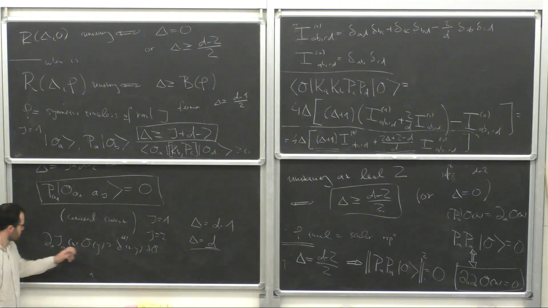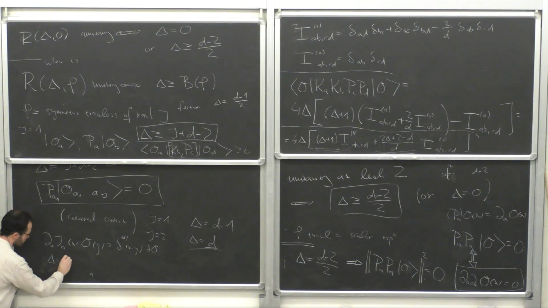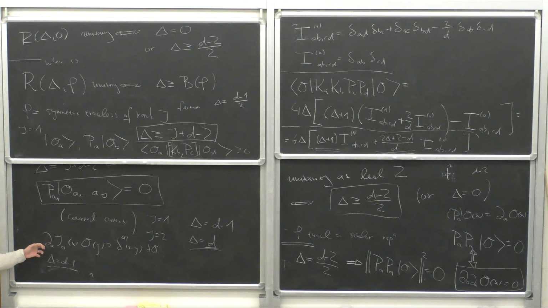Just from this kind of equation, you can conclude that delta has to be d minus 1. But unitarity allows you to go in the converse direction. It allows you to say, if you have a spin 1 vector operator which has this dimension, then it has to be conserved necessarily.